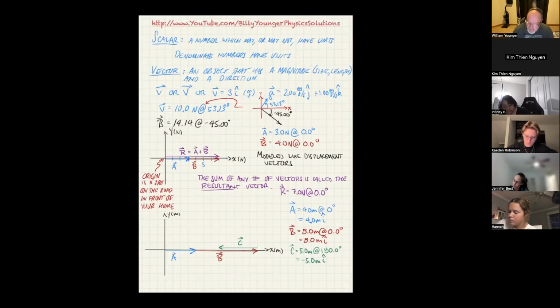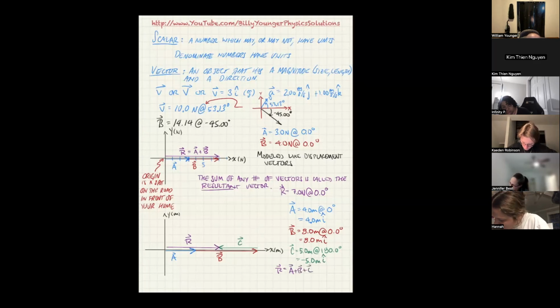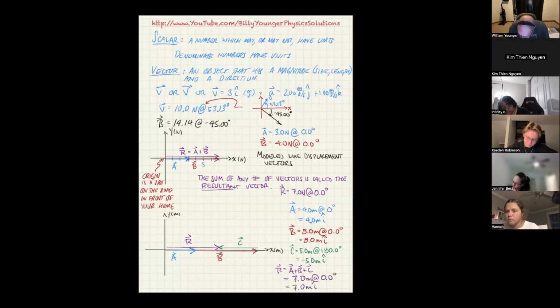So the resultant for this guy would be a vector from the origin to the end of C. This is vector R, and R is equal to A plus B plus C. And in fact, I think you all can tell that it's 1, 2, 3, 4, 5, 6, 7.0 meters at 0.0 degrees, which is 7.0 meters i hat as well.